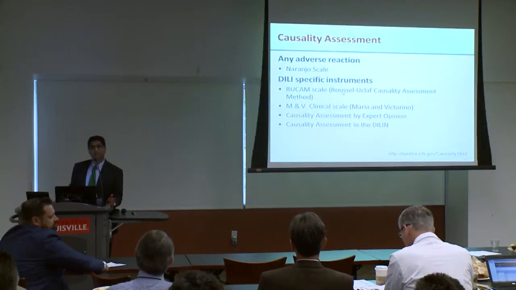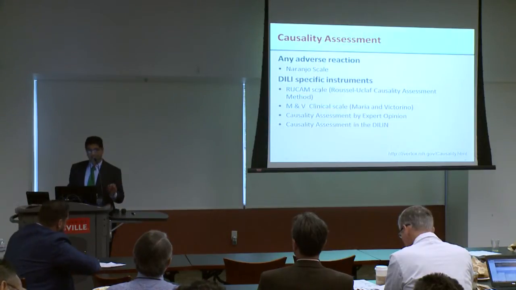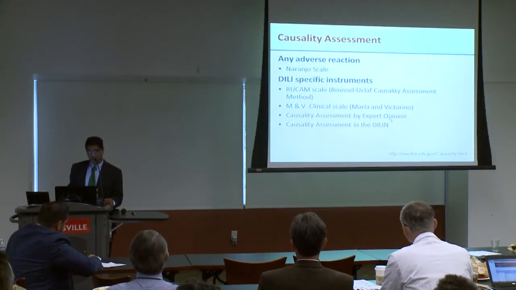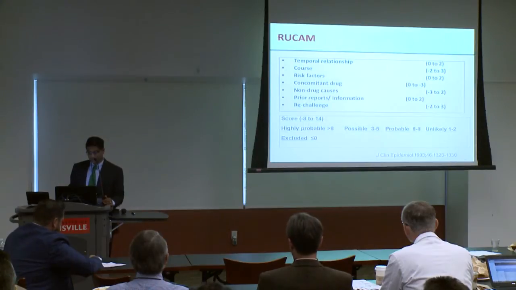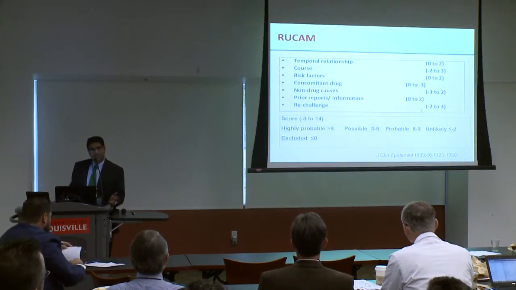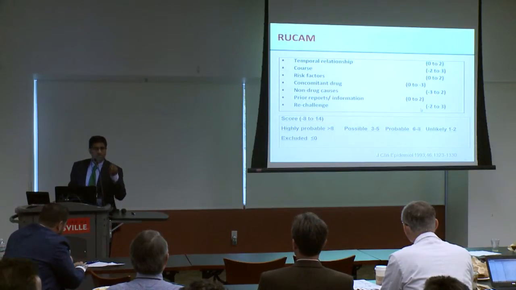Some of the scales that are available in the literature for any adverse reaction is Naranjo scale, but DILI-specific instruments are RUCAM, M&V clinical scale, causality assessment by expert opinion, and causality assessment that we in DILI use. RUCAM is basically what we do clinically, but giving an objective number to a clinical thought process.